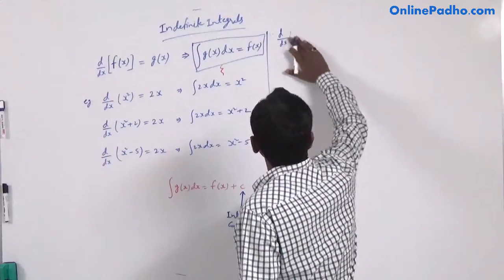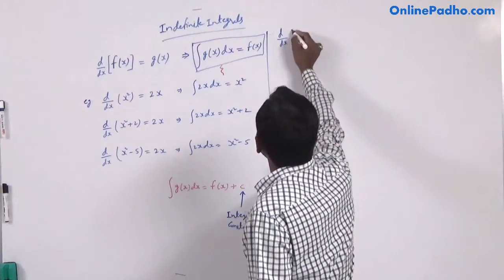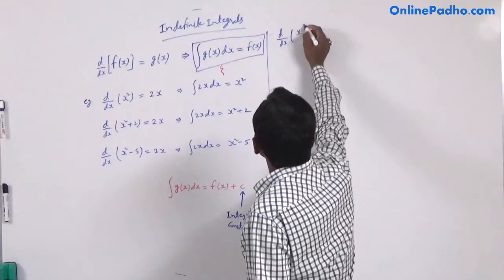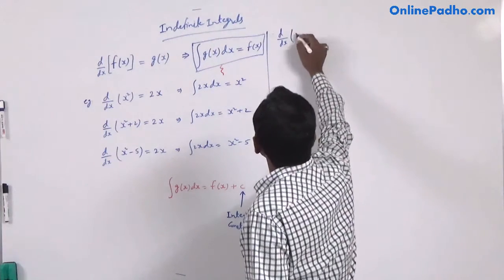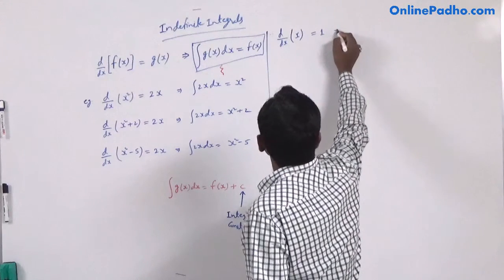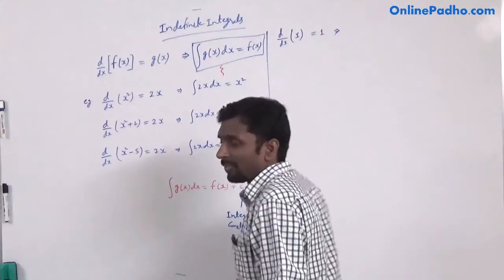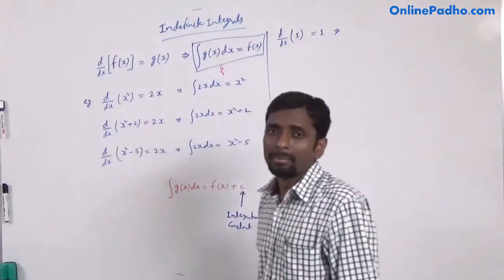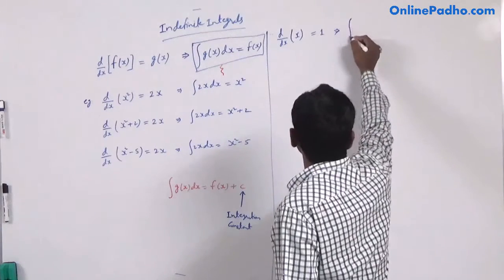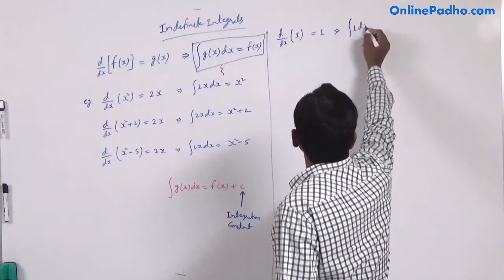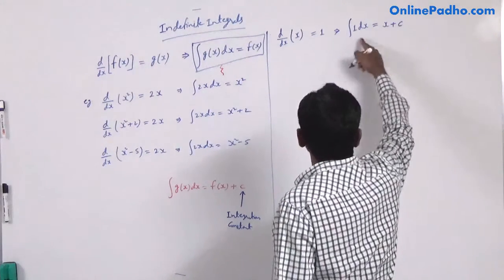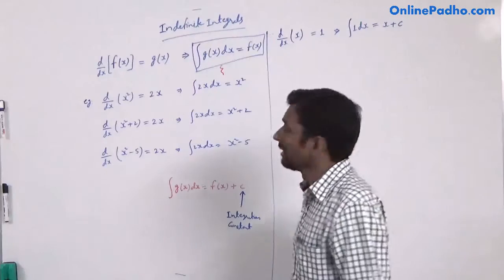Now, if we differentiate the function x, you will get 1. The derivative of x is equal to 1. So what is the integration of 1? The integration of 1 is equal to x plus c. This is the integration of 1, right?